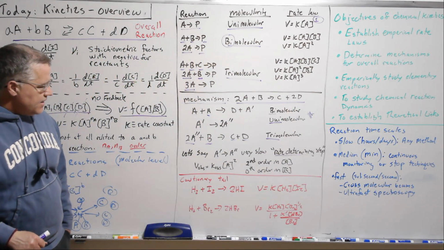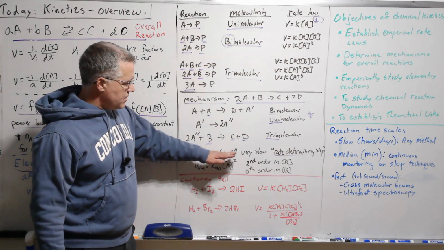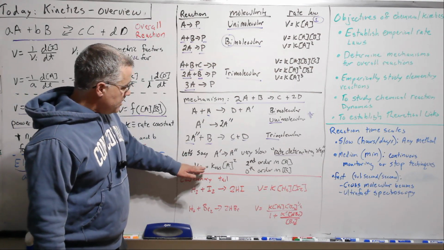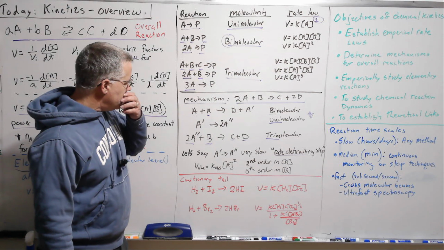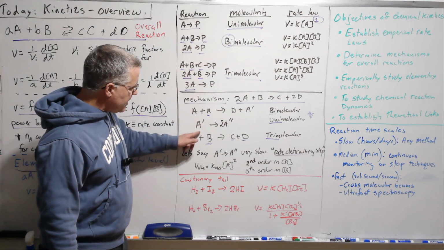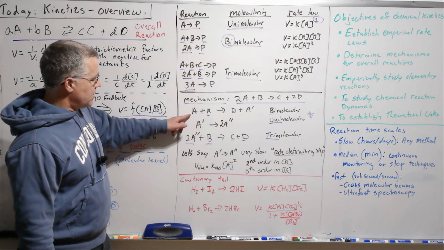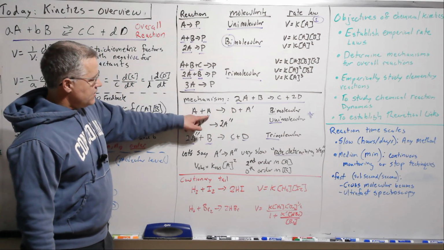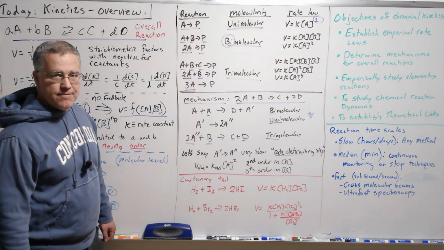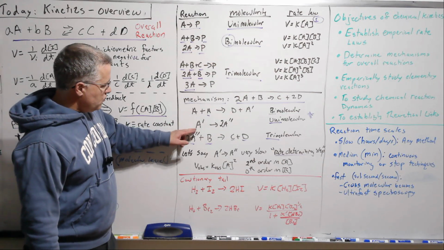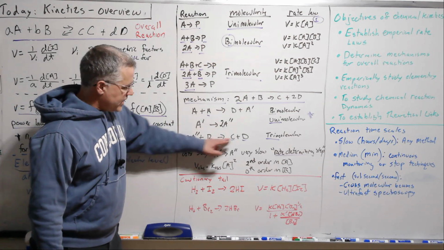And let's say this is the rate determining step. If that's the case, then this is going to depend on the production of this guy, which will be very fast through here, but it leads itself back to just A. So once this goes, then this quickly goes.